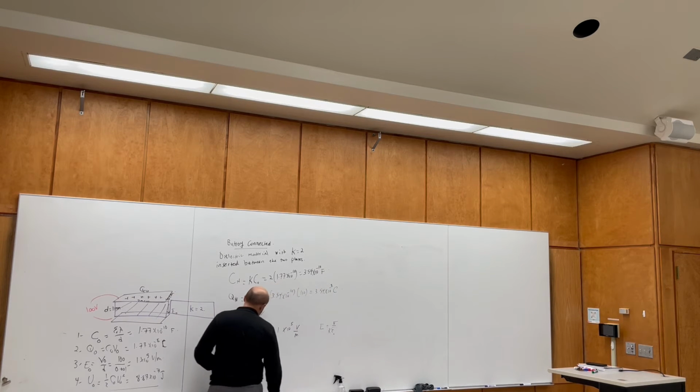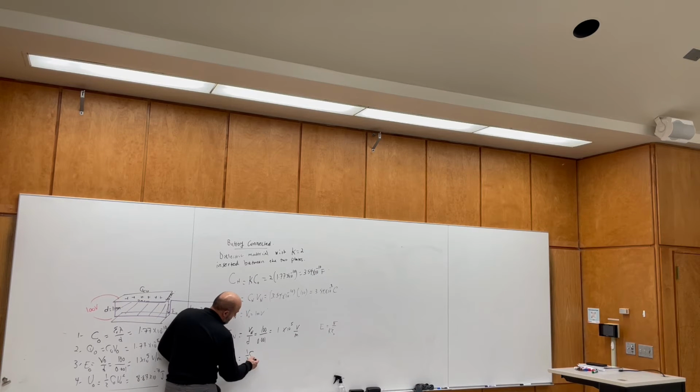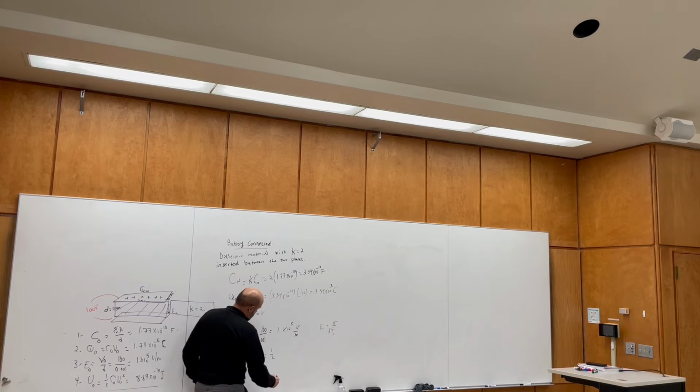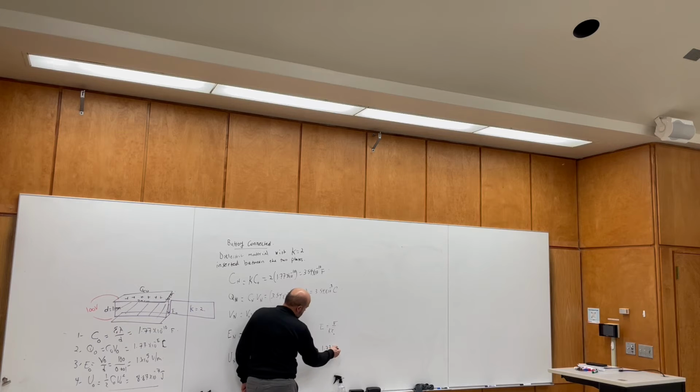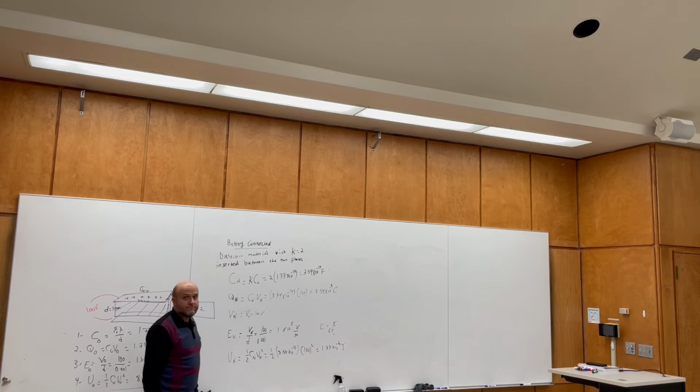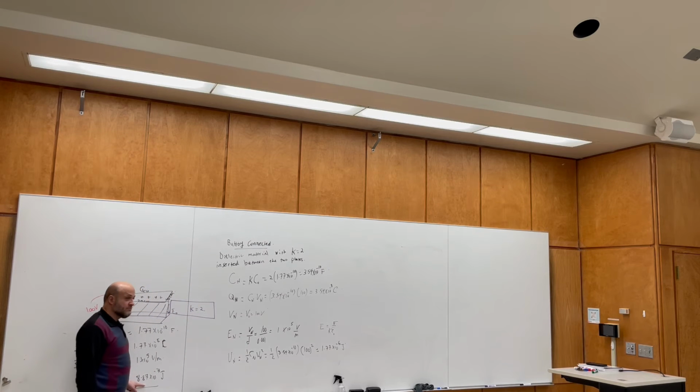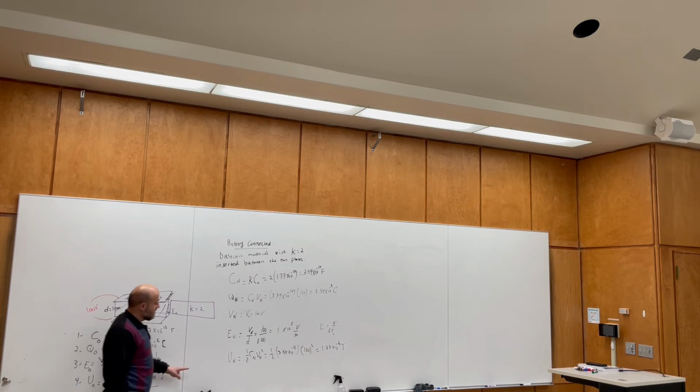And for the energy, it is half C nu V nu squared. Half C is 3.54 times 10 to the negative 10, and V is 100 squared. That will be 1.77 times 10 to the negative 6. So now the energy increases from this number to this number.